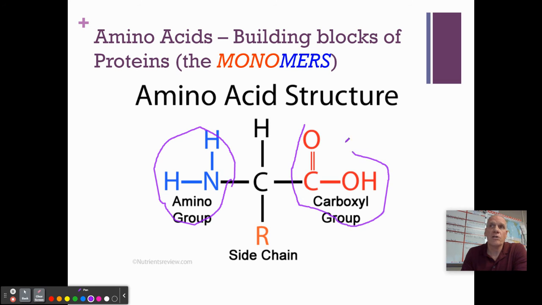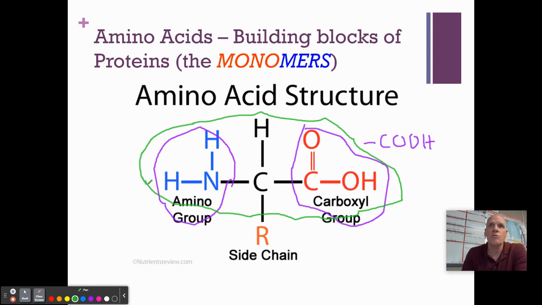The other end has a carboxyl group, and a lot of times we like to write this as COOH. What it is is a carbon bound to an oxygen and a hydrogen, that's called a hydroxyl group, and another oxygen bound by a double bond. So all amino acids have this basic structure: an amino group, a central carbon, and the carboxyl group.